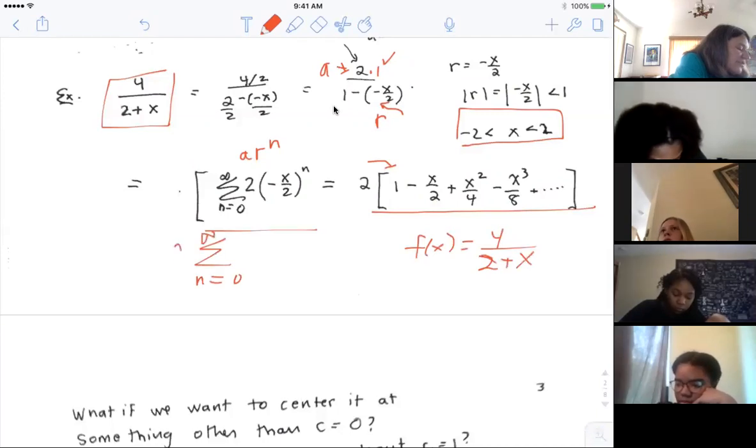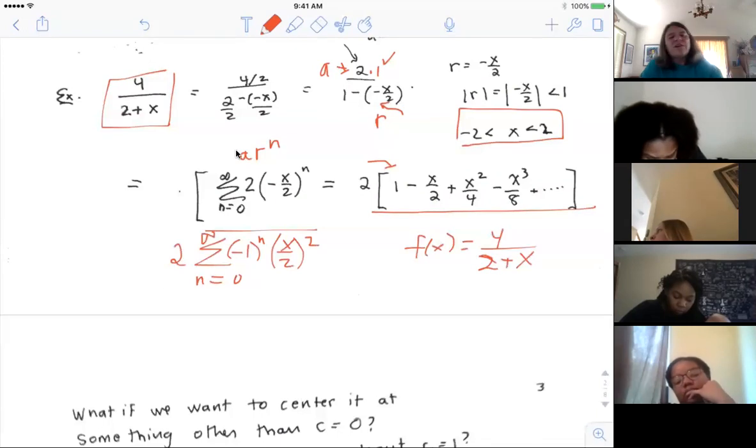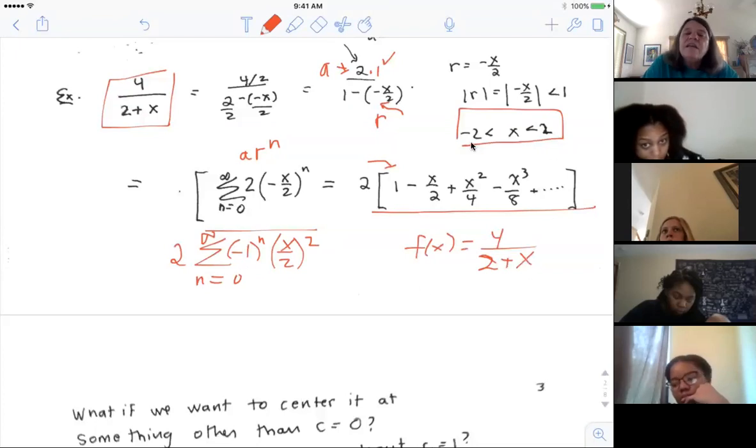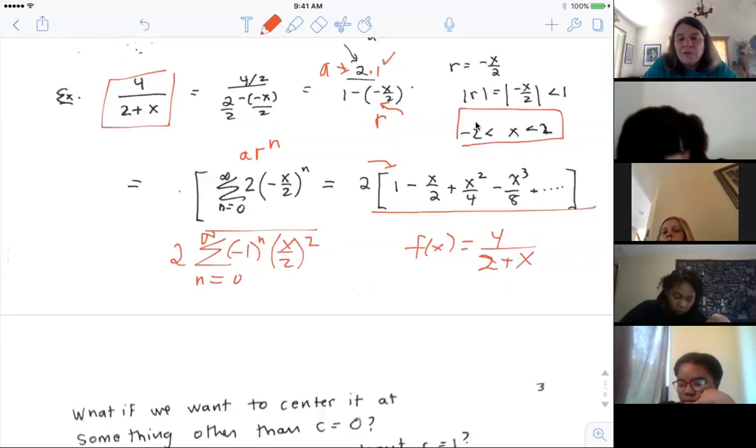You'll see them take the 2 out maybe because it appears in everything, and then you might see them take the minus 1 to the n out and leave an x over 2 here. It's more clear that it's alternating there. Okay, that's an alternating series that converges to this function in that range. That's its domain. I should not have said range, but I was using it in a street language kind of form. All right, now let me show you what that means.